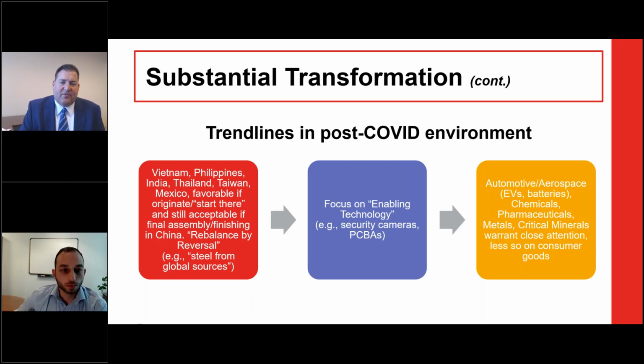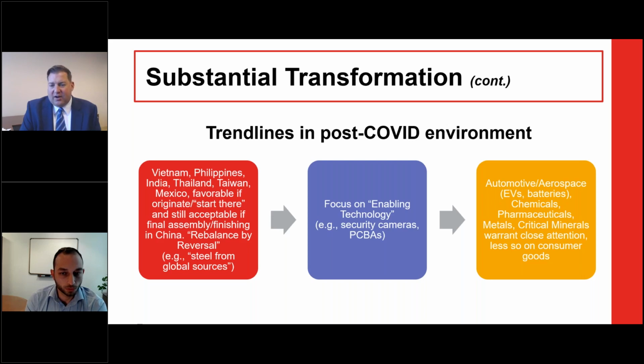I will say, however, that there is a heightened focus on enabling technology. So if you're looking at high technology, where the PCB board, the green board, security cameras got a lot of attention there for a while. Anything to do with automation, AI, where that technology is actually produced will be the driving factor.